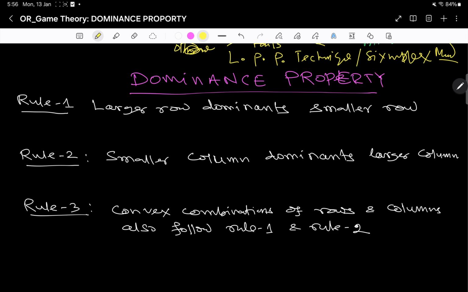Coming to the dominance property, rule number 1: a larger row dominates a smaller row. More than one row can be taken at a time. What do we mean by that?